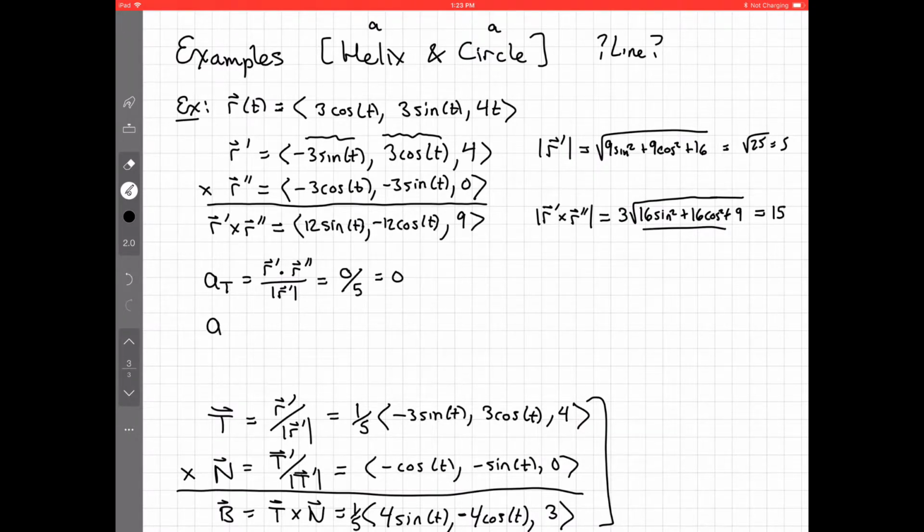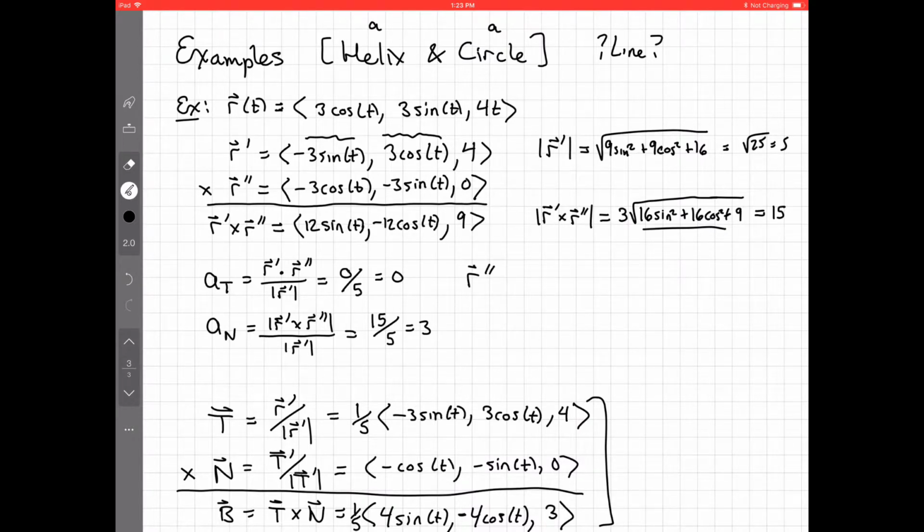The normal component of acceleration is the length of the cross product of the first two derivatives over the length of r prime, and we've figured out the length of the cross product as 15, and the length of r prime is 5. 15 fifths is 3. So what do we have?